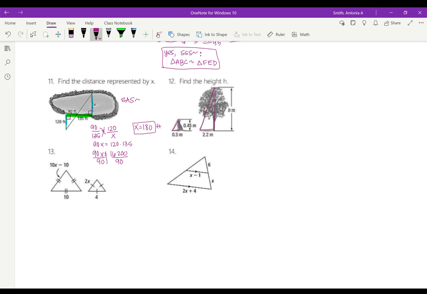So the distance between the corner here and the cat is 0.3 meters, and the height of the cat is 0.45. The distance from this corner here to the tree is 2.2 meters, and the height is what we're trying to find, that H m.